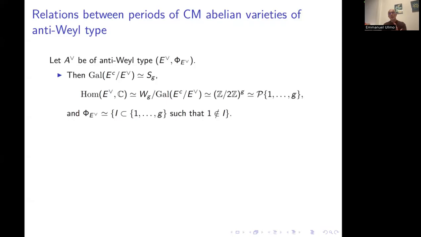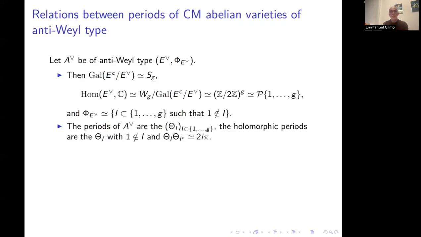a CM type on each edge is a collection of subsets of 1 to G. And in fact, when you do the computation, the CM type is just the subset of 1 to G that do not contain the element 1. Okay, so you have to compute this.